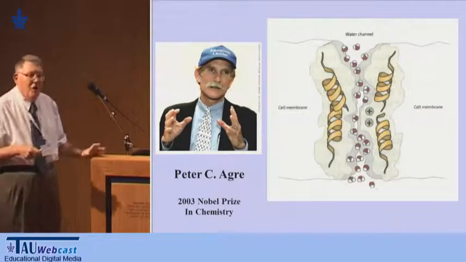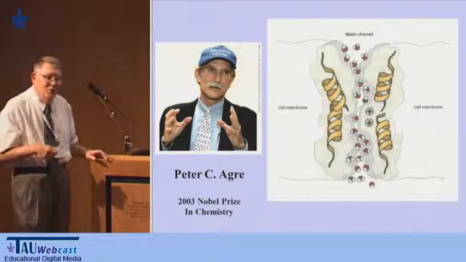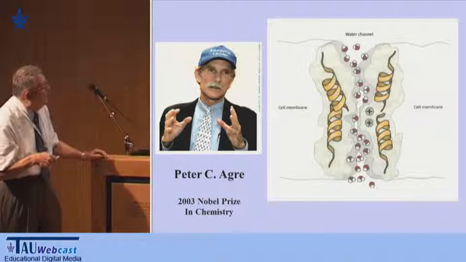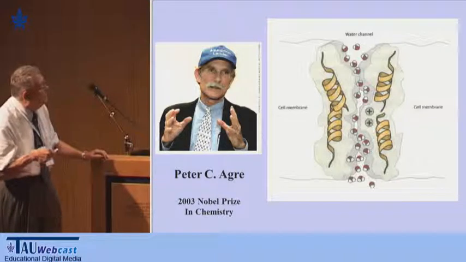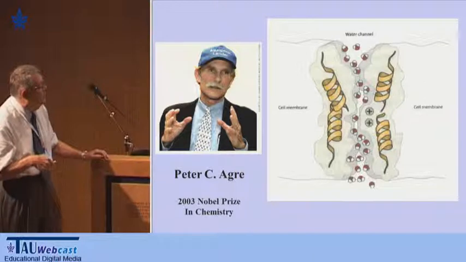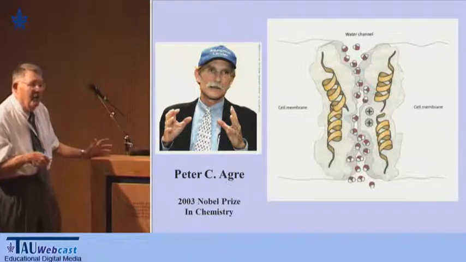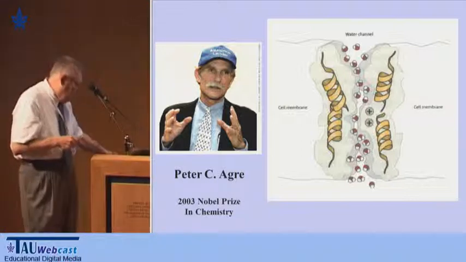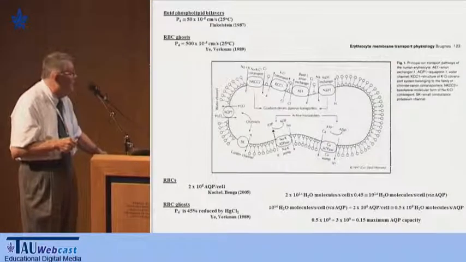And people thought that the answer to this question of erythrocytes was found in the 80s and 90s when these aquaporin proteins that are specific water channels were discovered, and Peter Agre won the Nobel Prize for this, because, in fact, red cells are rich in aquaporins. But it turns out that really isn't the answer.